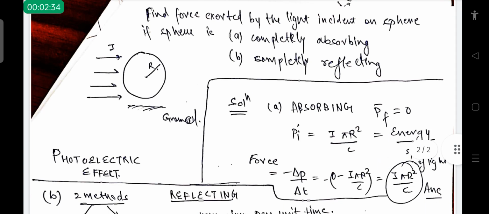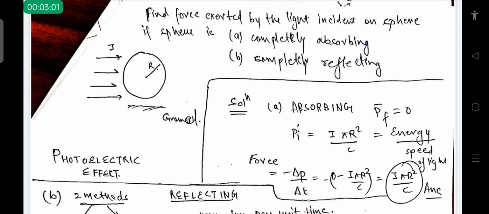So for the first part, when the sphere is completely absorbing, the final momentum of the light would be zero. If we talk about the initial momentum, it can be written as energy divided by the speed of light. We can dimensionally check that it is correct. The speed would definitely be the speed of light, because the light is incident on this, and light travels with the speed c equal to 3 into 10 to the power 8 meters per second.